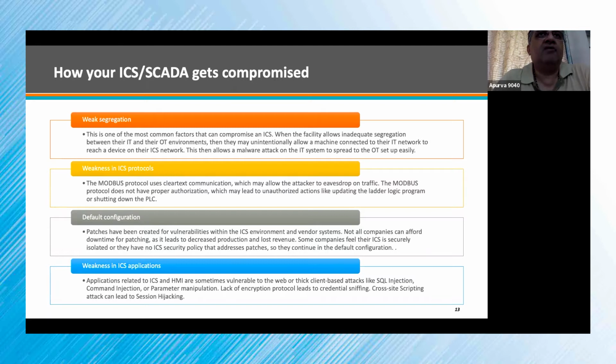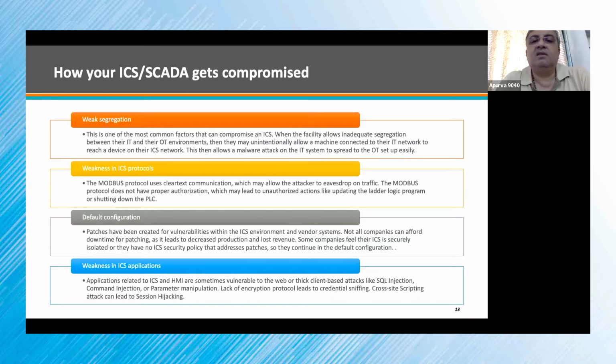If you don't have VLAN segregation of your IT and OT and something goes wrong in your IT network, it will spread to your OT network. That's the major challenge of weak segregation. Hence, you have to have better segregation between IT and OT, otherwise malware attacks on your IT system will spread to your OT system. The other thing I already spoke about is weakness in ICS protocols. The Modbus protocol uses clear text communication.